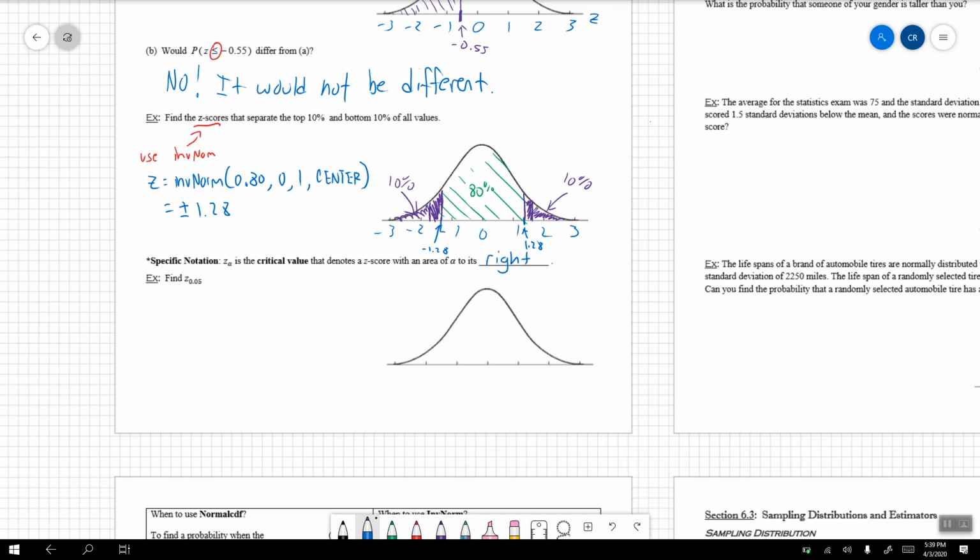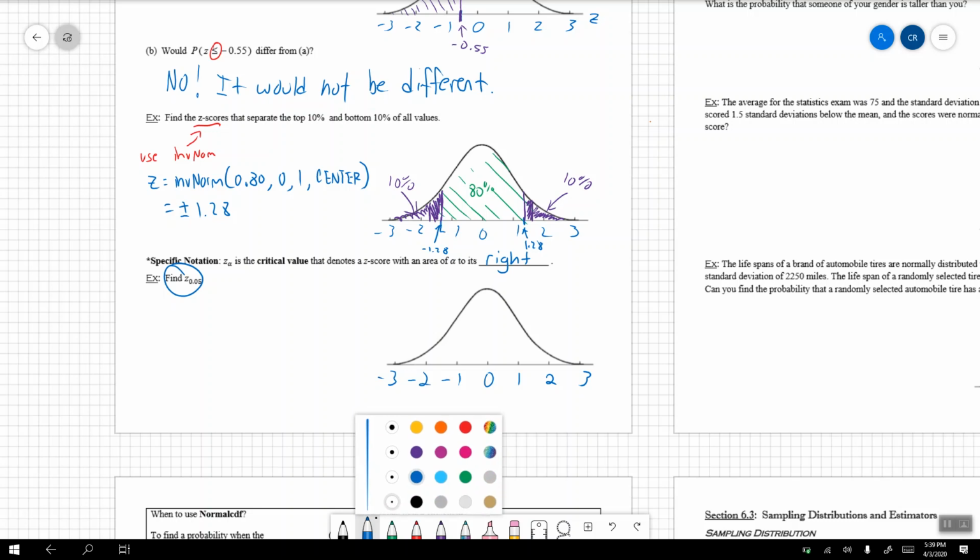Very important, this is always going to denote an area to the right anytime that we have this type of notation. So this type of notation, how we use it is like this. I'm trying to find a z-score where I have that area to the right.